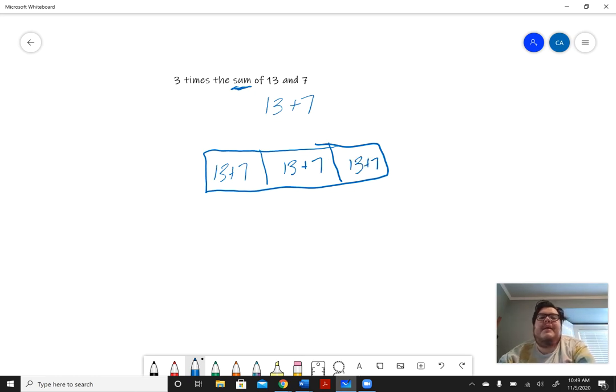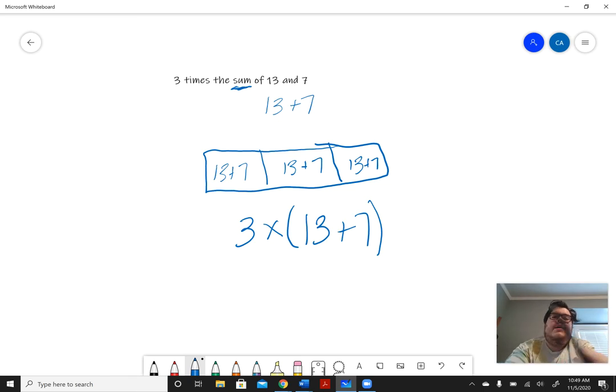Here's my first group, second group, third group. Now if we wanted to represent this as an expression, we could simply write it as 3 times (13 plus 7), right?